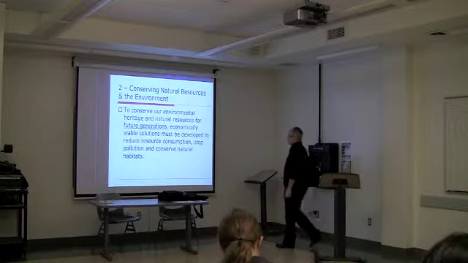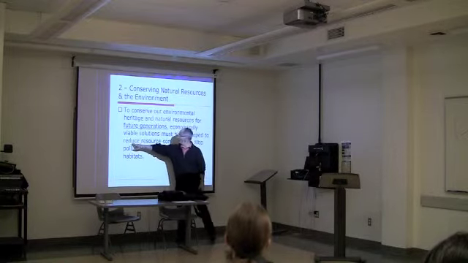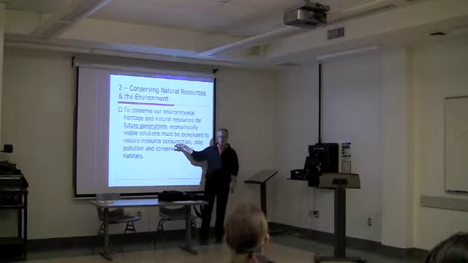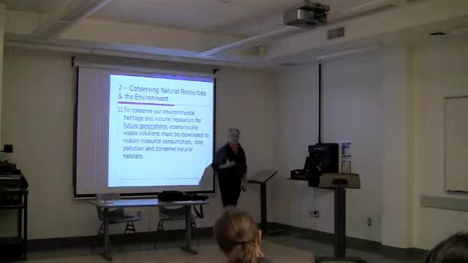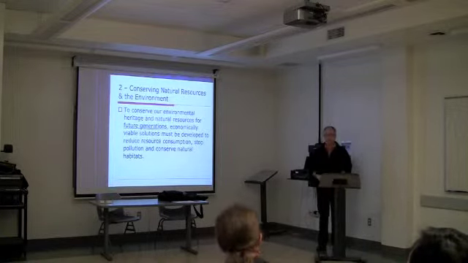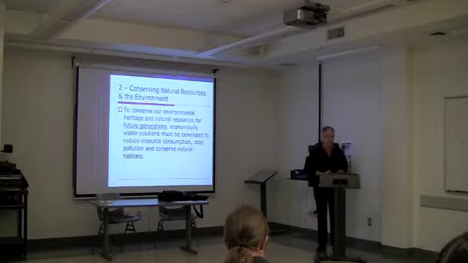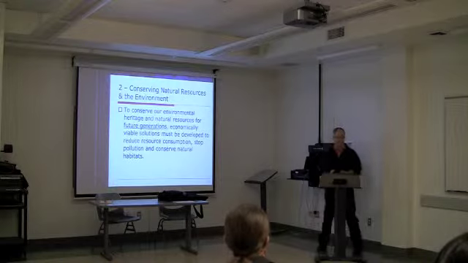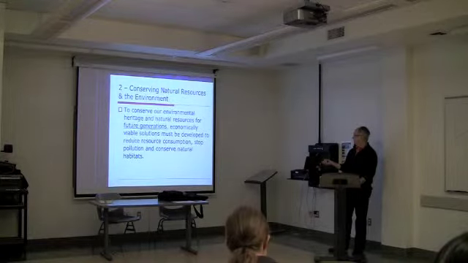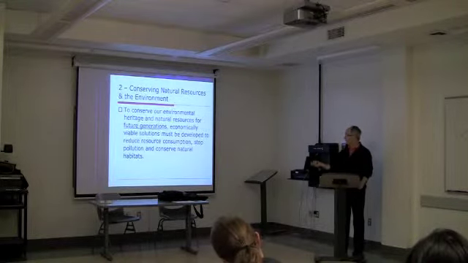Now, notice how it's framed. You're going to reduce resource consumption. So we have to use less of the natural assets. Right? Because the way we're using the natural assets is not sustainable. Okay? We have to stop pollution, conserve natural habitats. So you've got biodiversity issues here.